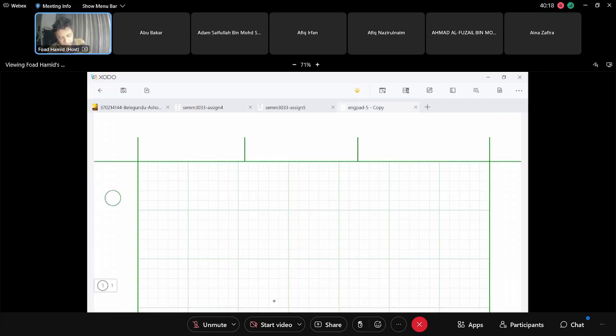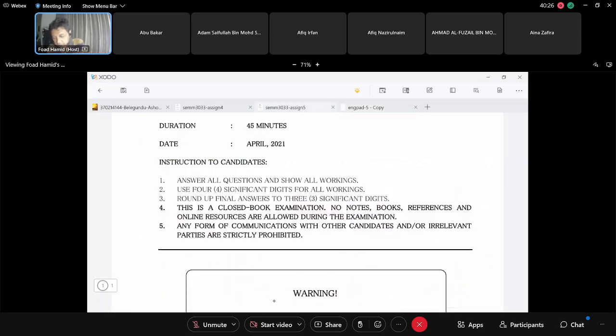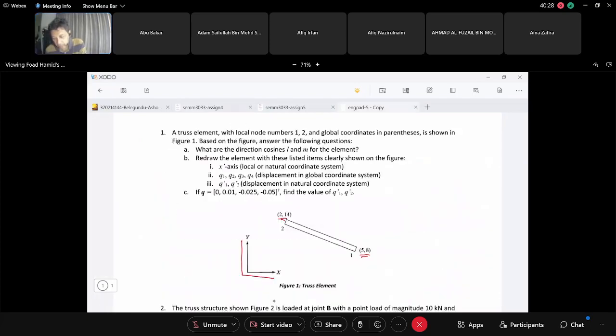Why is it not writing? Okay, so let me close my PDF here. Something is wrong.